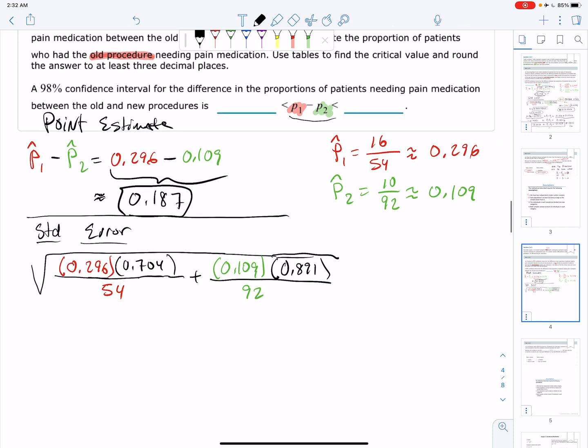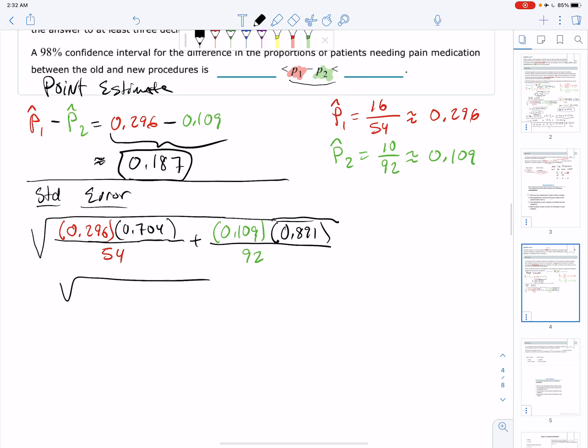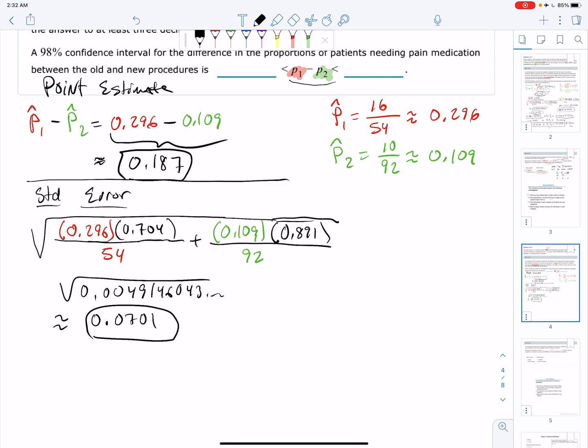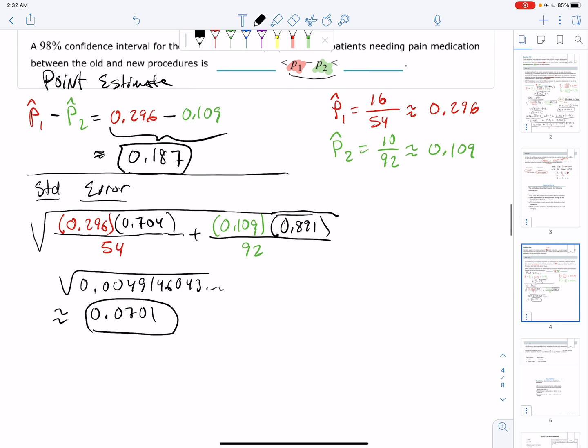I put that in my calculator and I'm getting approximately 0.0049146043, and so on. We take its square root, and we get approximately 0.0701. That's an important part of our calculation that we're going to need for this piece over here, which is the margin of error.